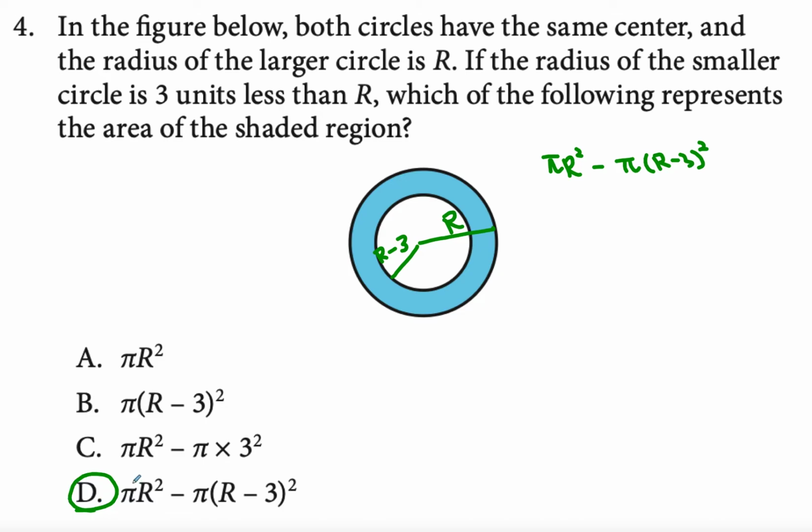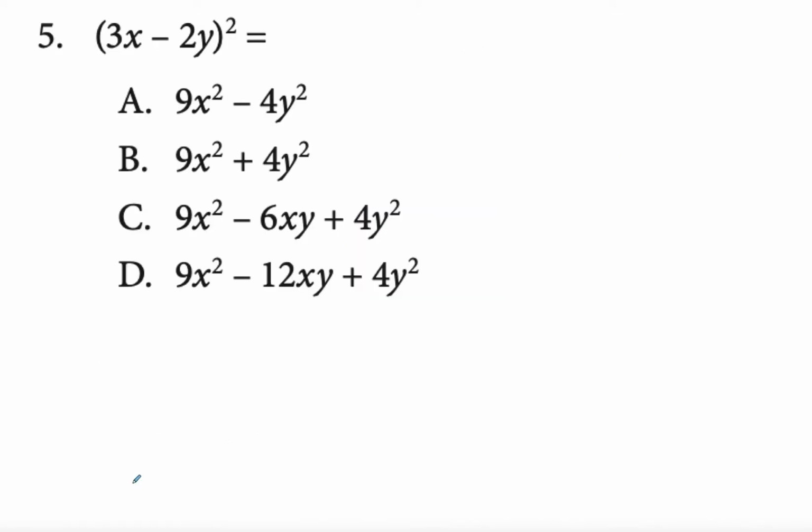All right, let's move on to the next problem, number 5. In this case, what we have to do is multiply things around. So here we get, which is the same thing as 3x minus 2y, multiplied by 3x minus 2y. 3x times 3x becomes 9x squared. 3x times negative 2y becomes negative 6xy.